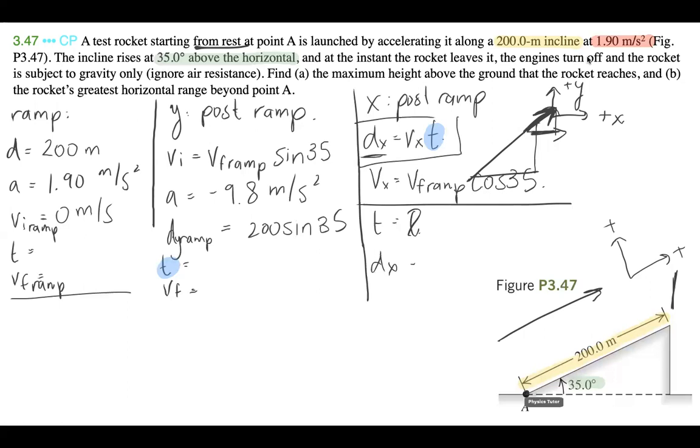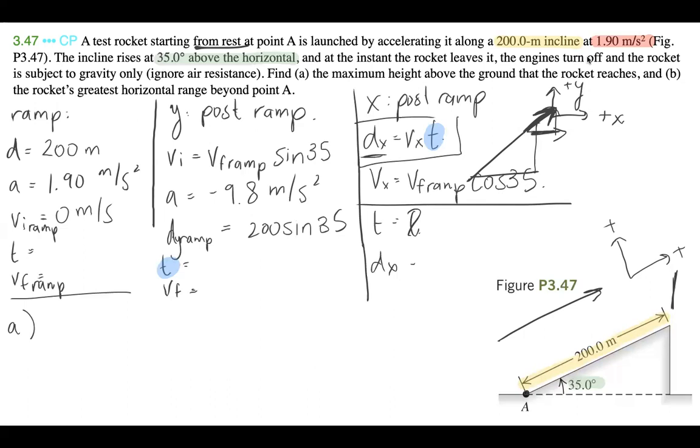Okay, before we go ahead and write down any more notes, we can just start with the question. So for part A, we want the maximum height above the ground that the rocket reaches, right?